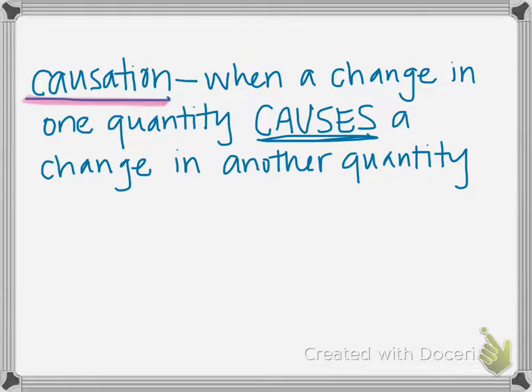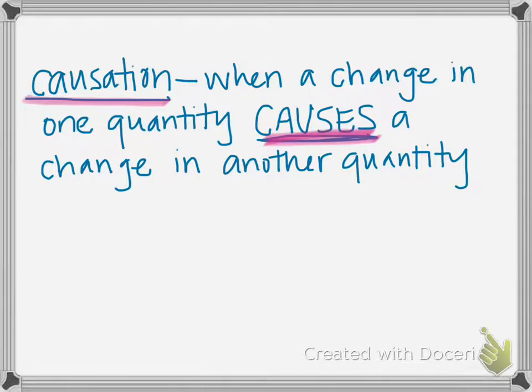Causation can be very hard to prove. Causation is when a change in one of the quantities is the direct cause of the change in the other quantity. Sometimes you can have a positive correlation or a negative correlation and it looks like they are completely correlated, but it doesn't necessarily mean that one thing caused the other.